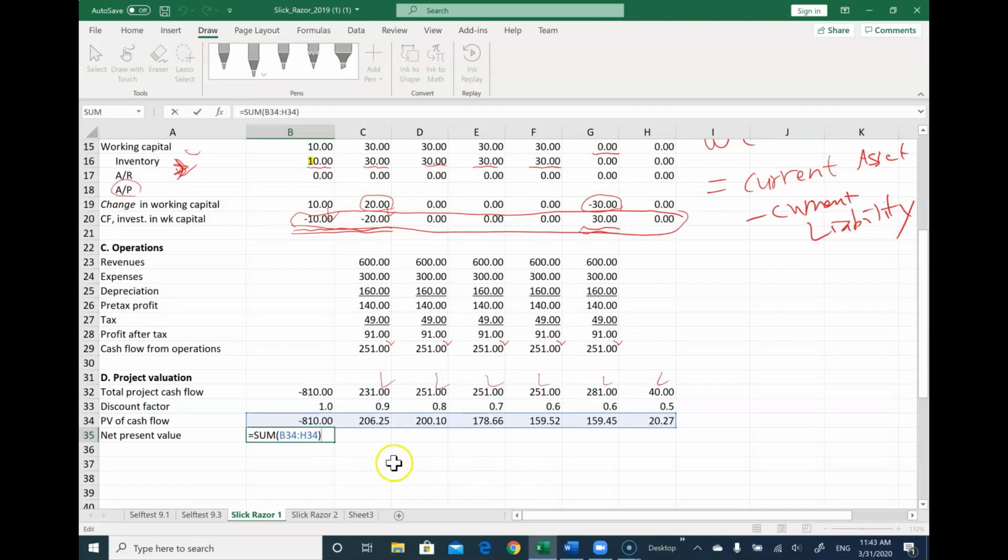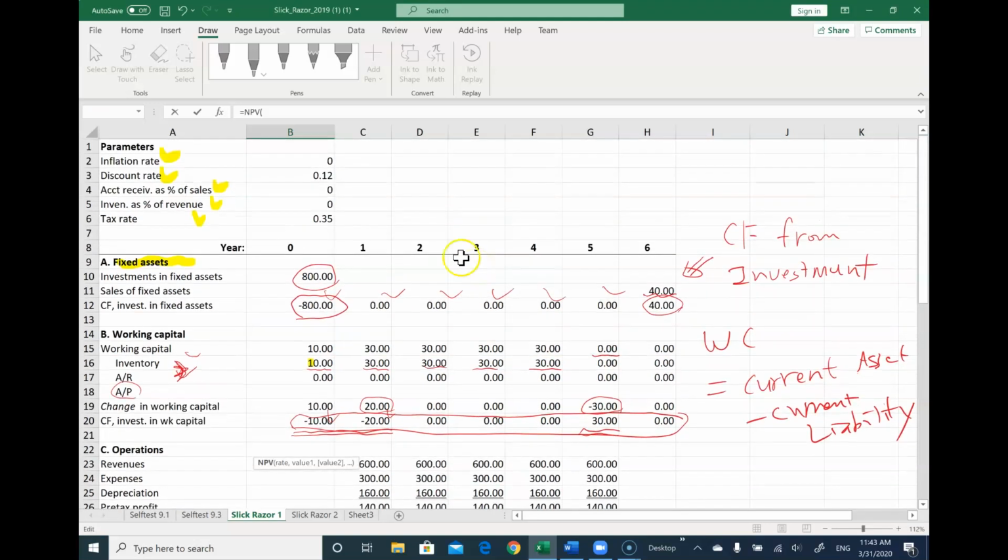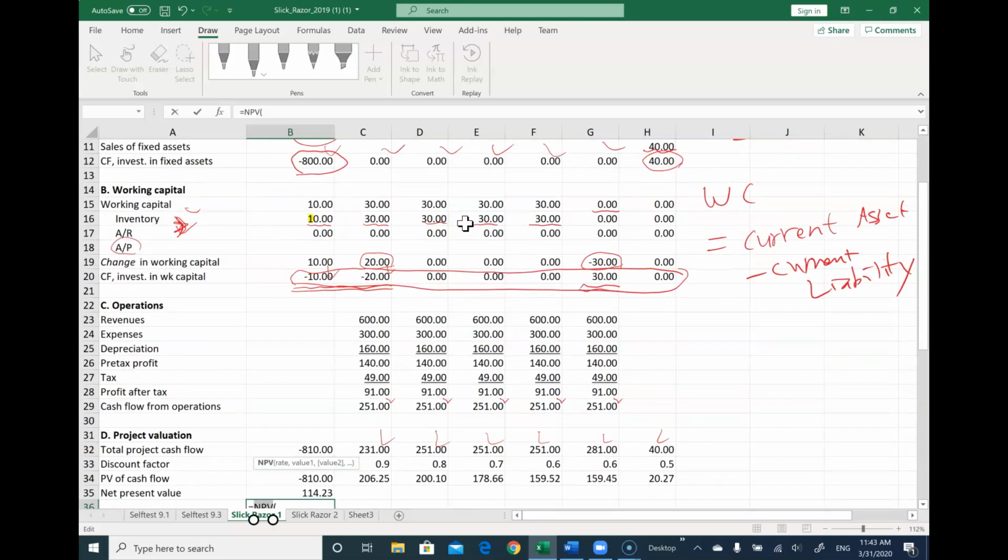Or another way of calculating the net present value, right? If you don't want to calculate the discount factor, or if you don't want to calculate the present value for each case, then we can simply use the net present value function using the cash flow that we identified. So we know that the discount rate, which was given here, was 12%, right?